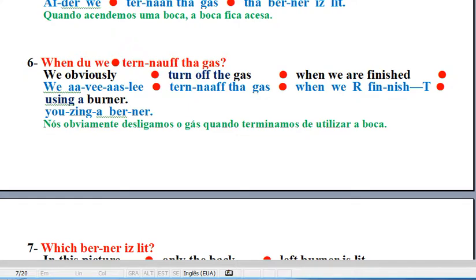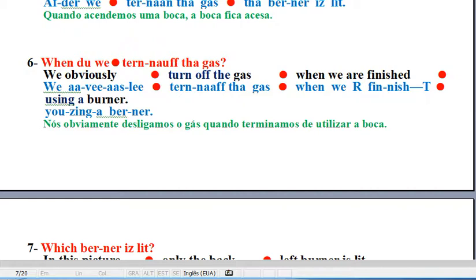Line 6. We obviously turn off the gas when we are finished using a burner.